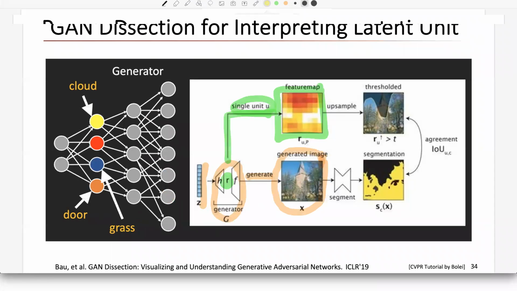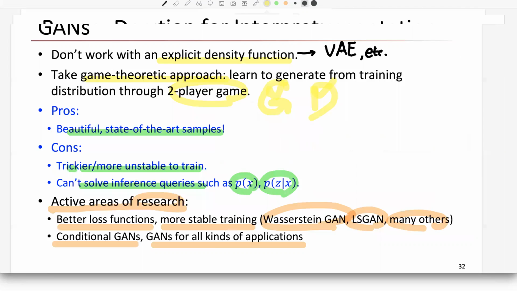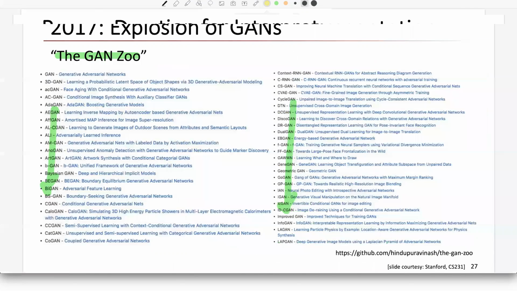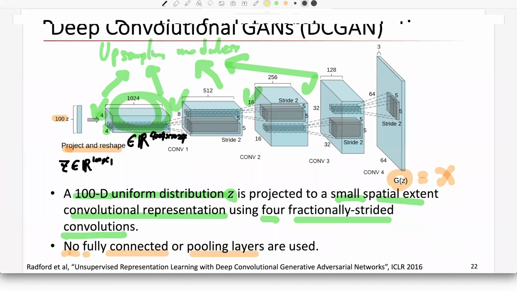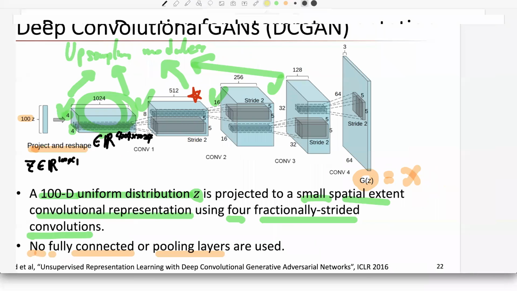If we redraw this in a tensor manner, our intermediate tensor looks like this, right? This single unit is just like one slice of this tensor representation. As you can see here, you can easily understand the tensor representation of the generator, right?